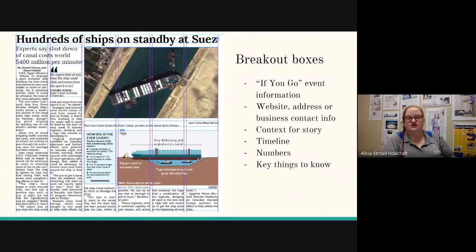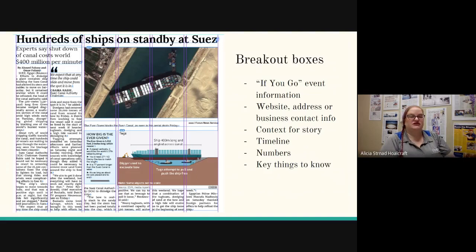Some context for the story, a timeline, key things to know, numbers, some interesting information that maybe didn't quite fit into the story, need to know information, key takeaways, especially if you're doing a really complex topic, to be able to break it down to a few bullet points of the important things that happened in this event, or the important things to remember. Those are all great and they really help the readers.